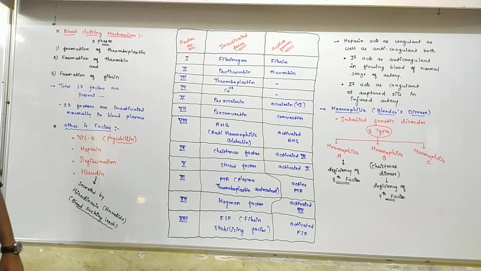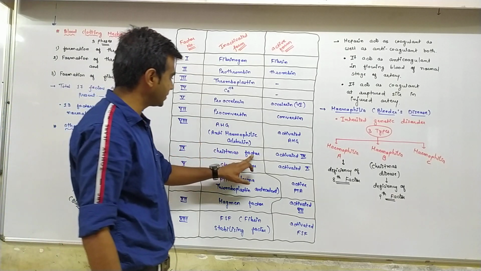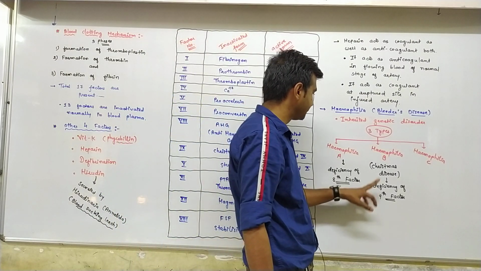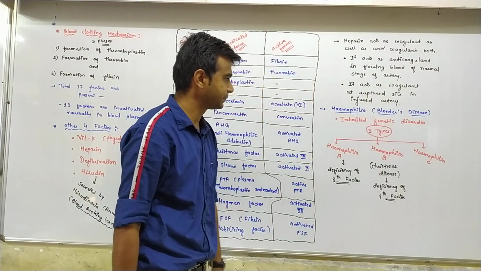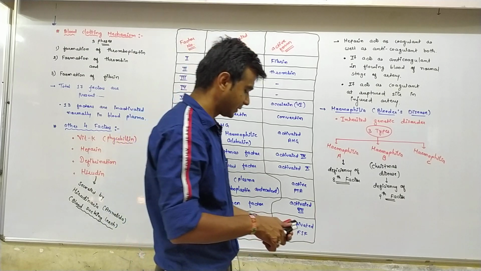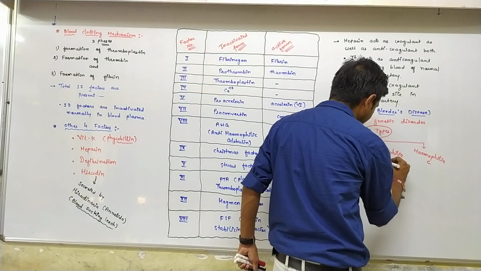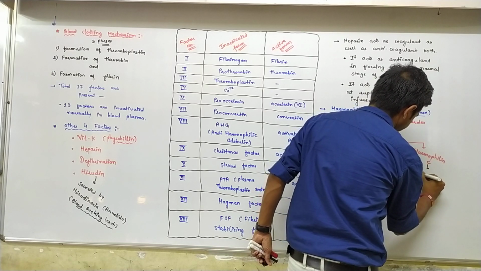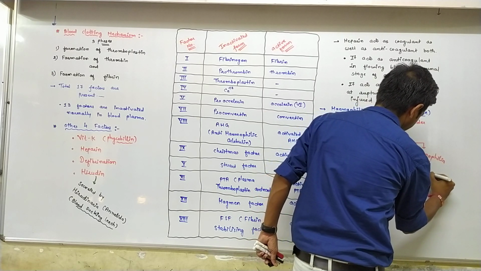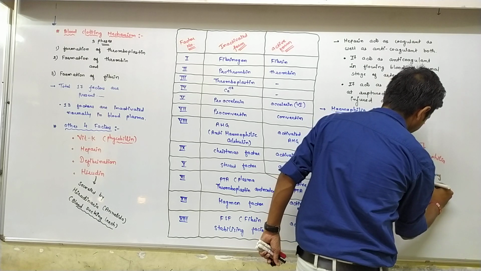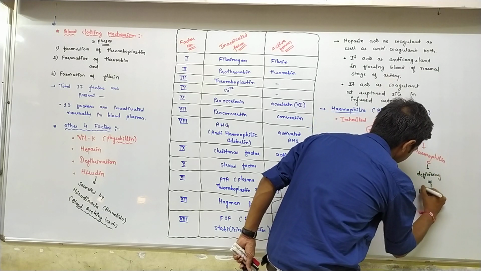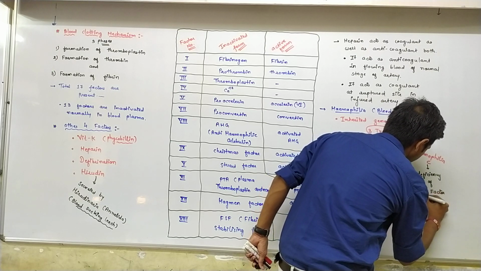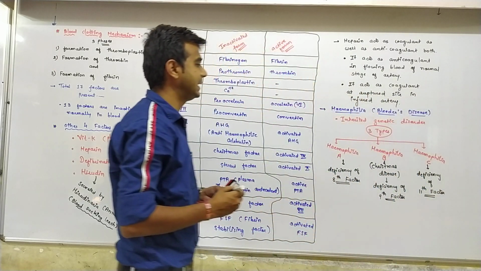You know that the 9th factor is Christmas factor. So due to the deficiency of the Christmas factor, hemophilia B occurs. Fine. Whereas hemophilia C, it is caused by deficiency of the 11th factor.